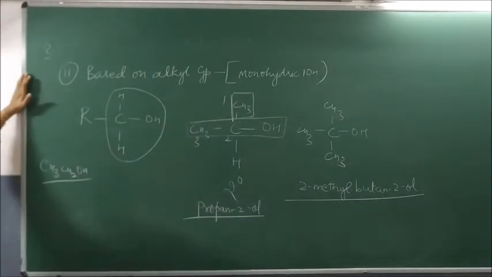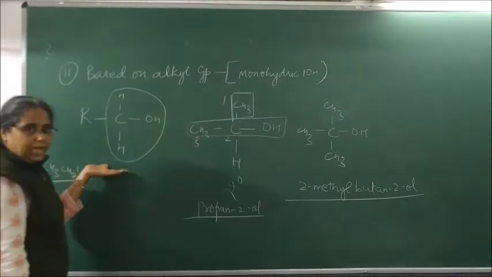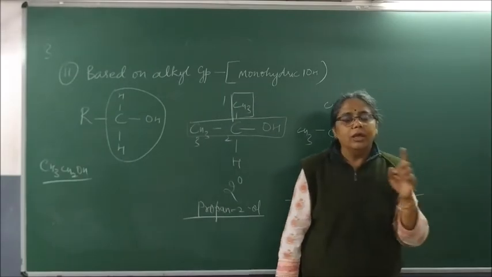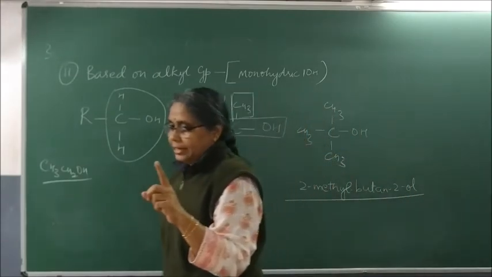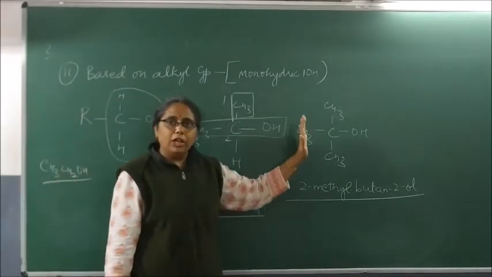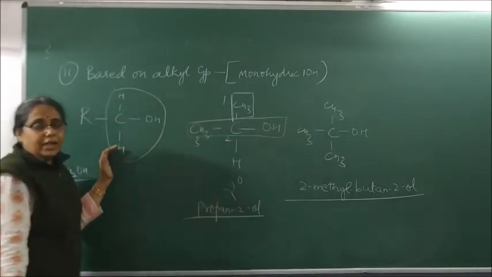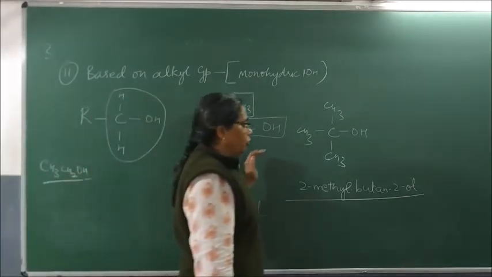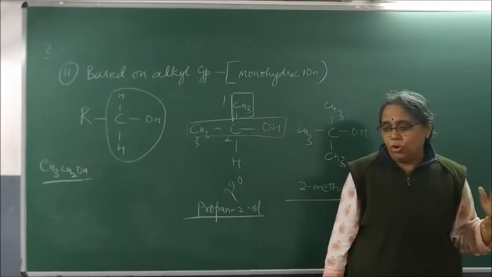So depending on the alkyl group, monohydric alcohols are classified as primary alcohol, secondary alcohol and tertiary alcohol. Primary alcohol, 1 alkyl group; secondary alcohol, 2 alkyl groups; tertiary alcohol, 3 alkyl groups. Primary alcohol ends with CH2OH, secondary with CHOH, tertiary with COH.